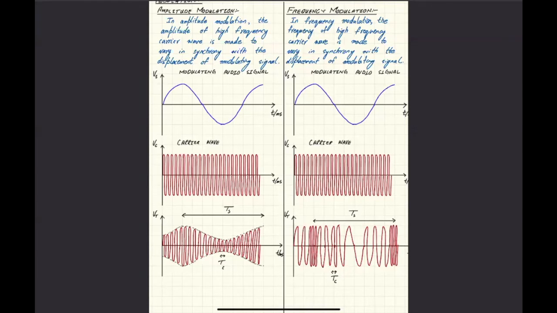What you're going to do is that once you have read the time period of the audio signal, that's from the middle of a compression to the next compression, then you count how many waves are there. 1, 2, 3, 4, 5, 6, 7, 8, 9, 10, 11, and let's say 12.